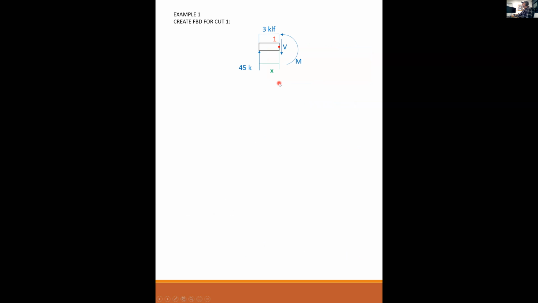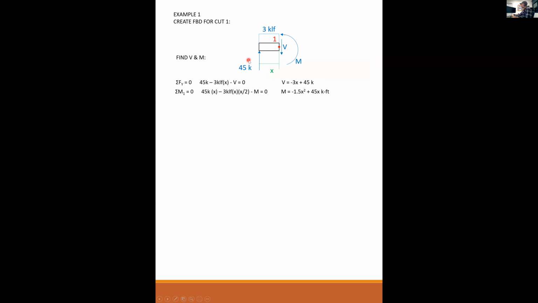So then I draw my free body diagram, put my 45 kip reaction, my 3 kips per lineal foot uniform load, my positive shear, positive moment, and I solve for my moments. I have the shear here, but really what I just need is the moment.